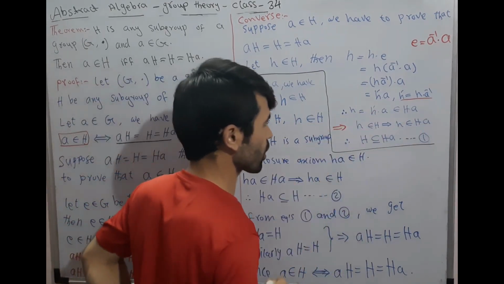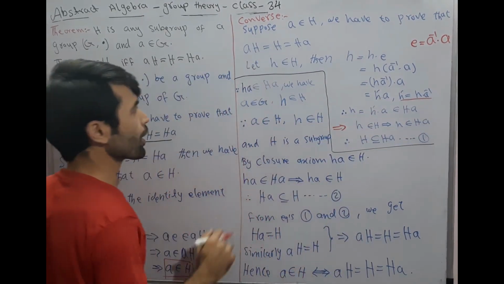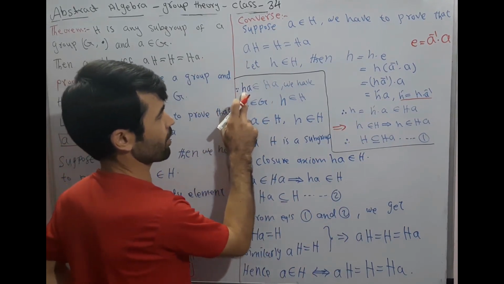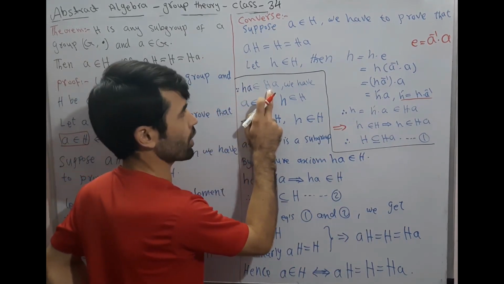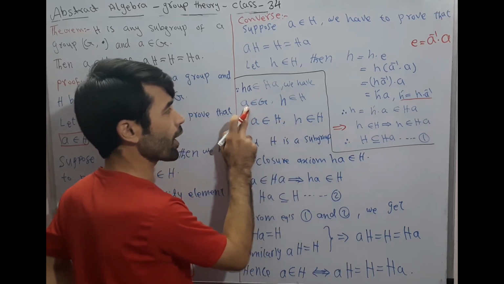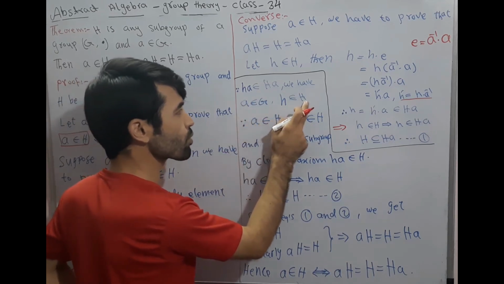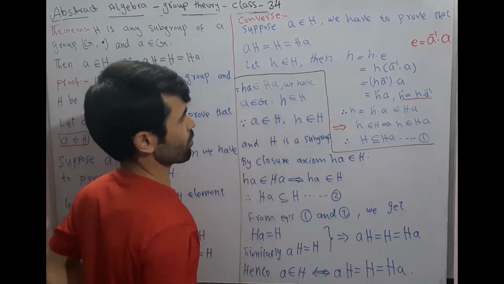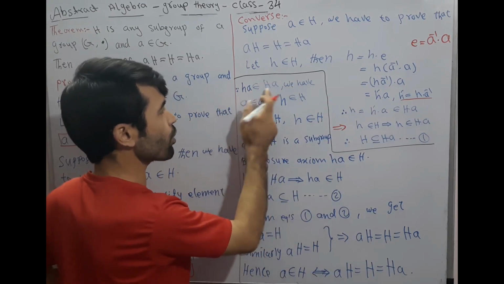We call this relation 1. Since a belongs to G and h belongs to H, by the definition of right coset, h·a belongs to Ha.